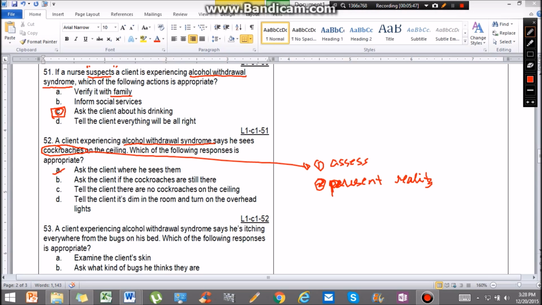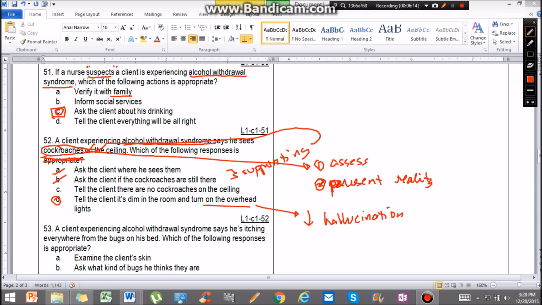B. Ask the client if the cockroaches are still there, eliminate, because like I said, A and B are supporting the hallucination about cockroaches. Between C and D, the best answer here is D. Turning on the overhead light will decrease episodes of hallucination.